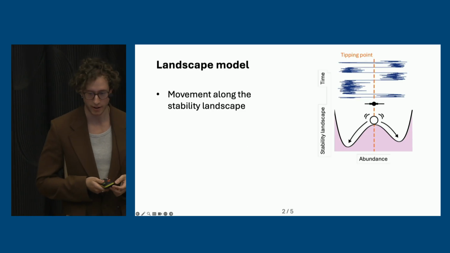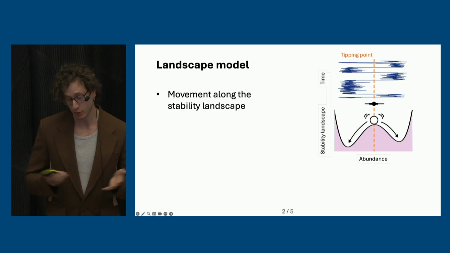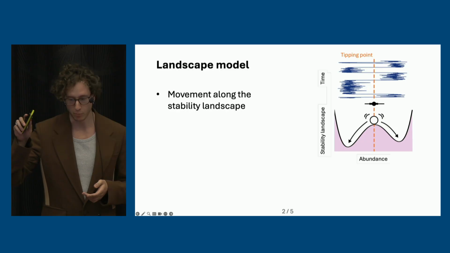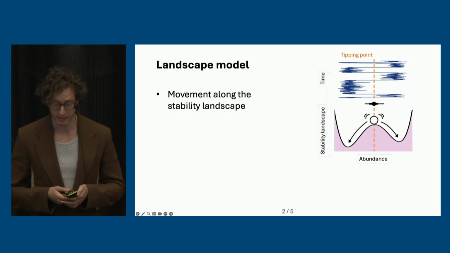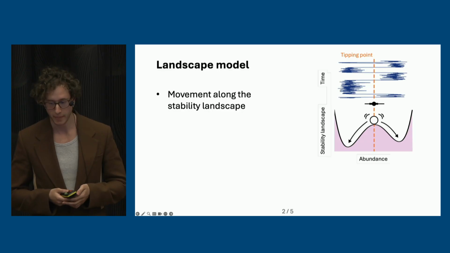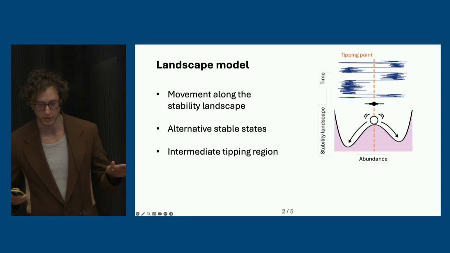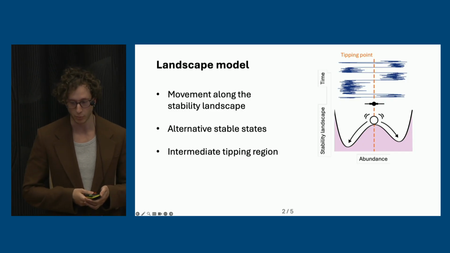When you see time series data, like we have in the upper right, you can consider this from the stability landscape perspective, which is moving along the landscape. Here we can clearly see there are two stable states, which are represented by the valleys, and they're separated. So we have alternative stable states, separated by an intermediate tipping region, which is the unstable hill.